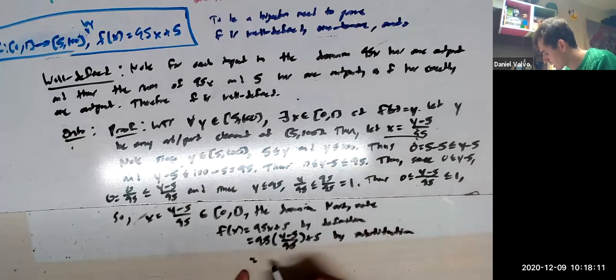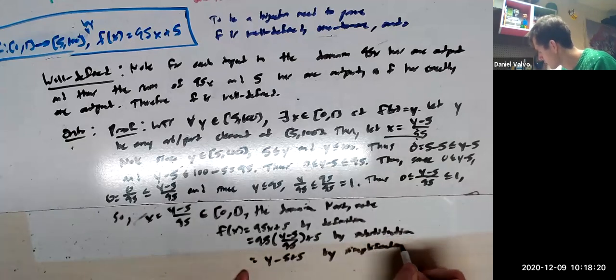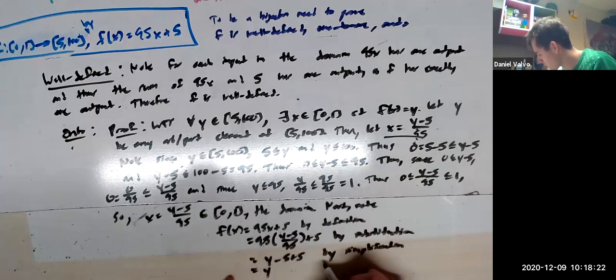And then the 95 is going to cancel out here, so we get y minus 5 plus 5 by simplification, which just equals y by more simplification.